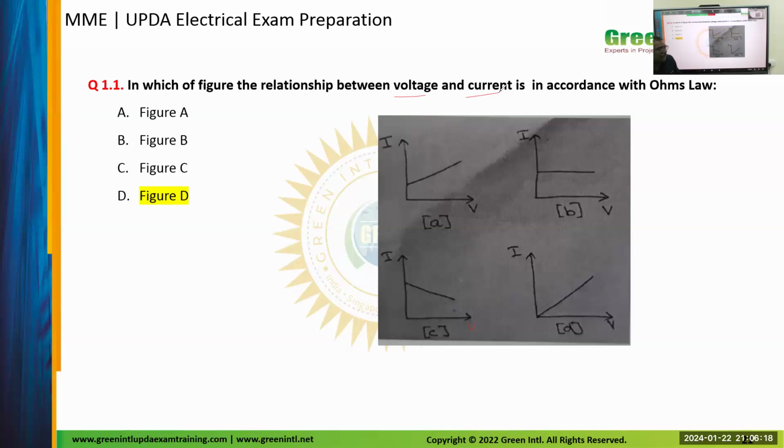Out of the 4 diagrams, both A and D increase linearly. But from Ohm's law, when voltage is 0, current is 0. See in A, at voltage 0 we have some current, so this option is wrong. So we select this option.